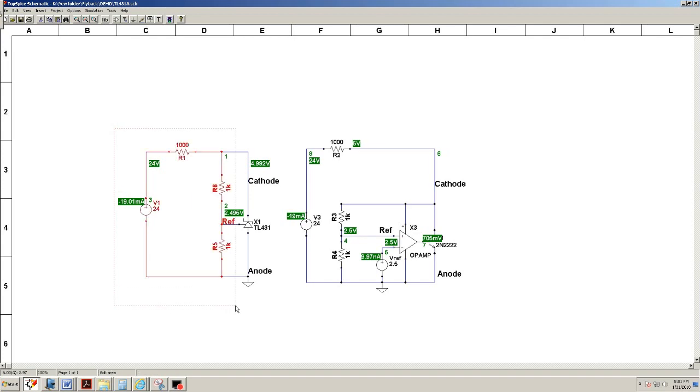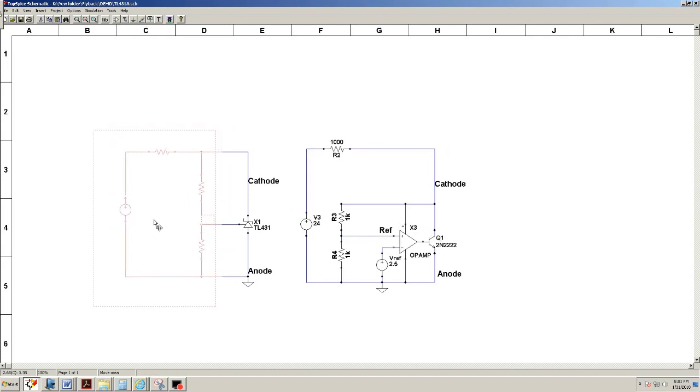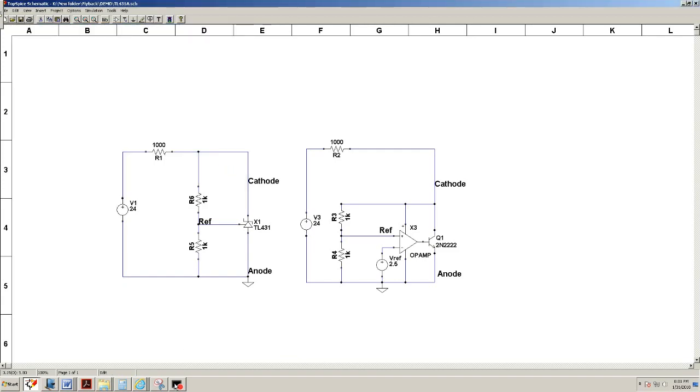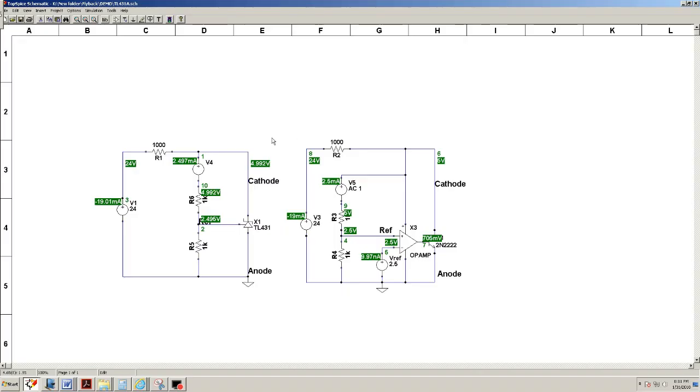Okay, so what I want to do, just wondering out loud, is whether we can measure the loop response of this. Now if you notice, this voltage here is 4.992.